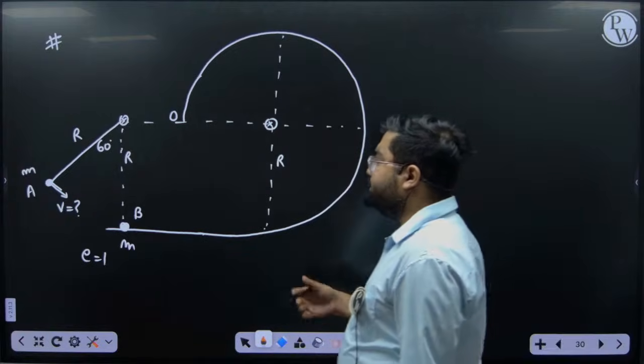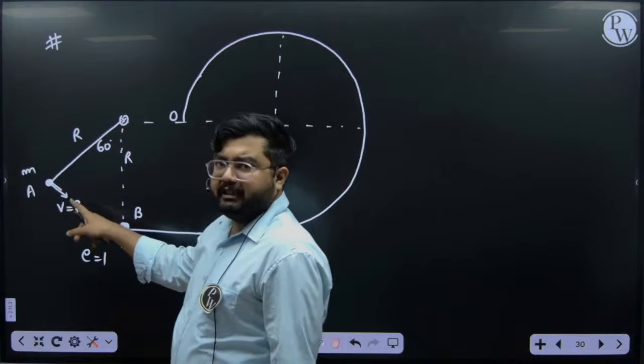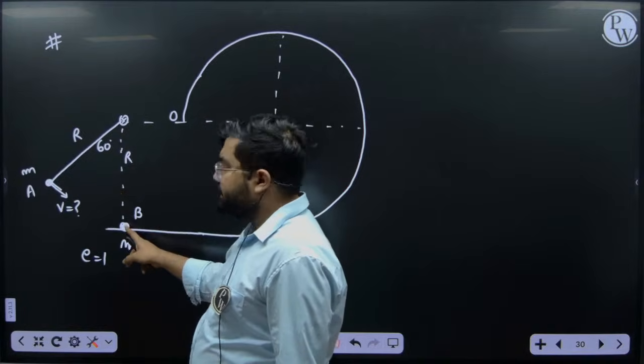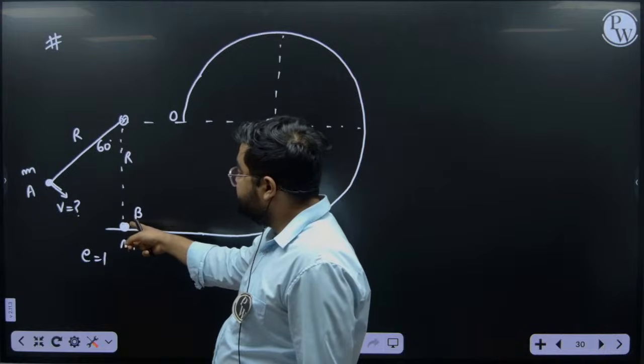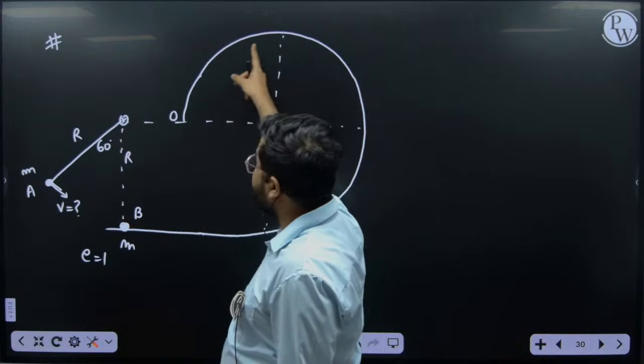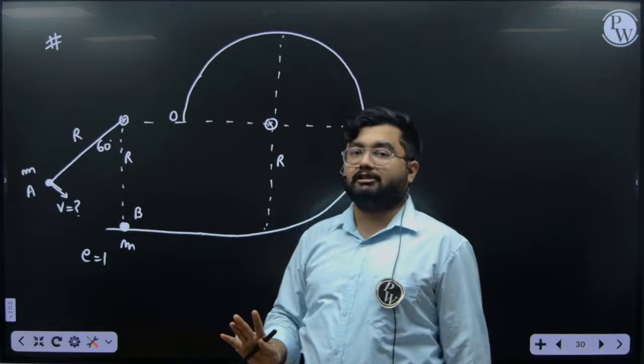So the concept here is V is minimum, so that velocity transferred here is also minimum. This is the minimum speed which is required to complete the vertical circle after collision.